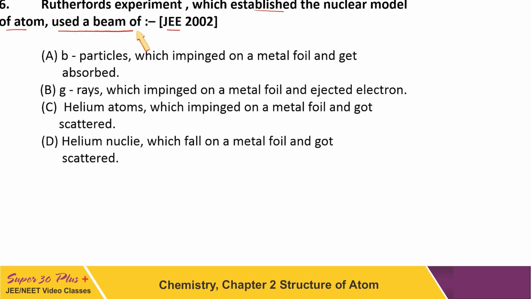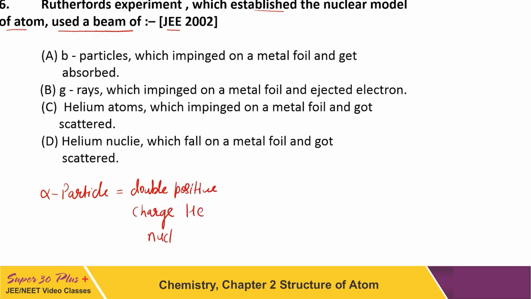We also know that in the Rutherford experiment we use the beam of alpha particles. Now if I ask you a question, what is alpha particle? Students, alpha particle is double positive charge helium nuclei.